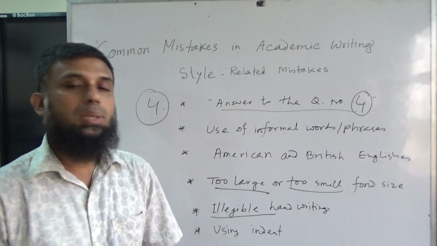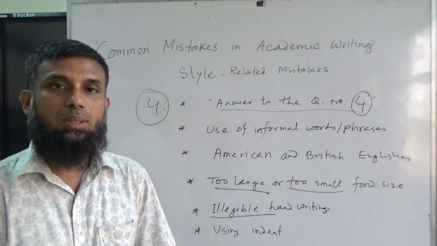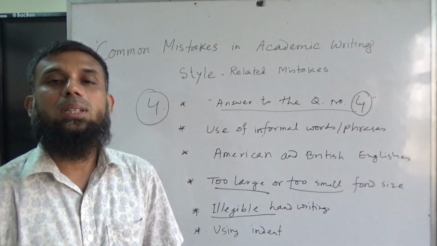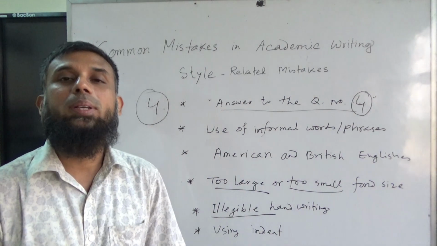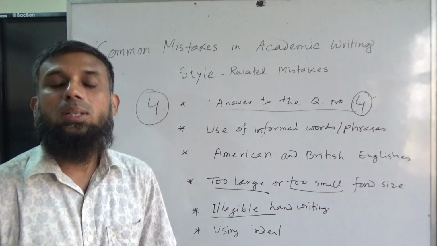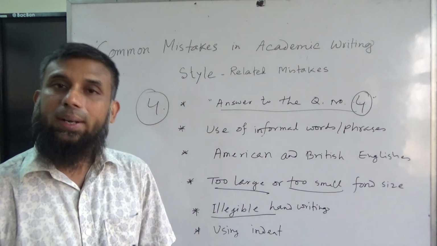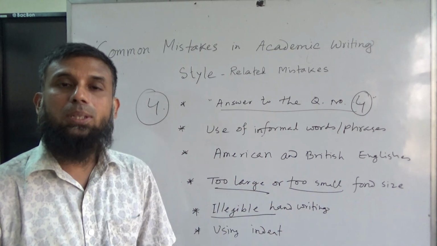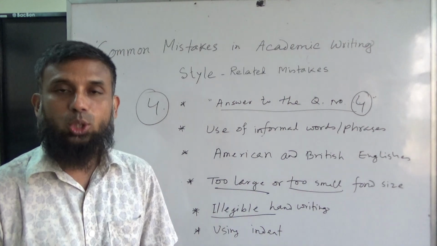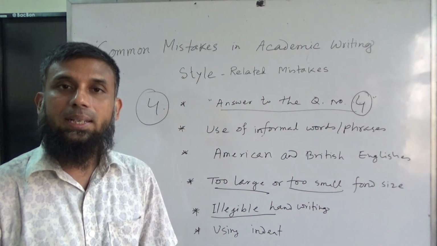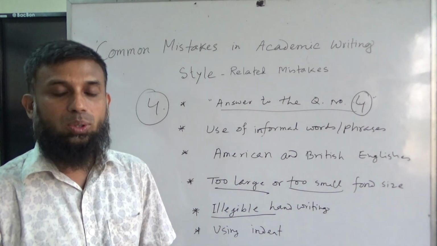Another important style-related mistake is that sometimes you cannot read what the students have written. The students' writings are illegible, not readable. If the teachers cannot read what you have written, then what is the use of writing it? You may write less, but it should be legible, it should be readable, it should be clear, so that the teachers can read it and can understand what you have tried to write.